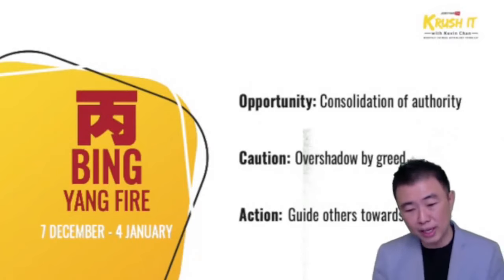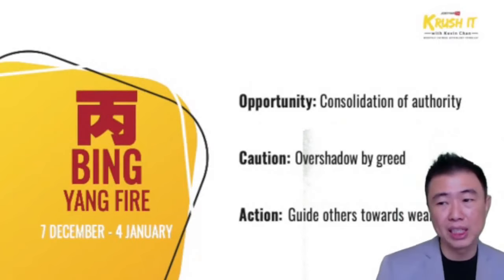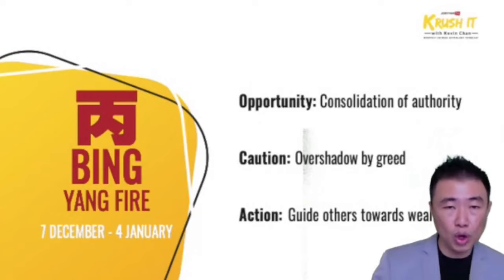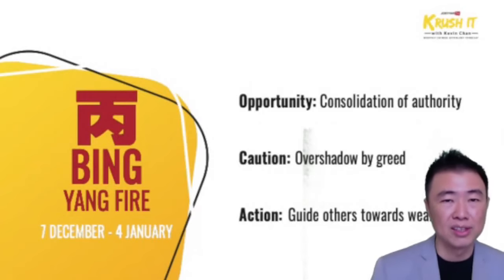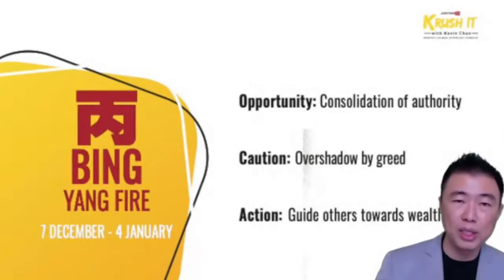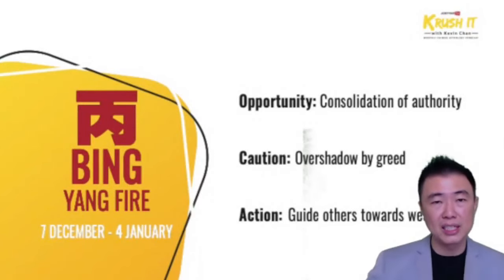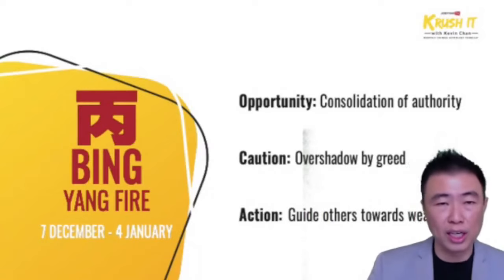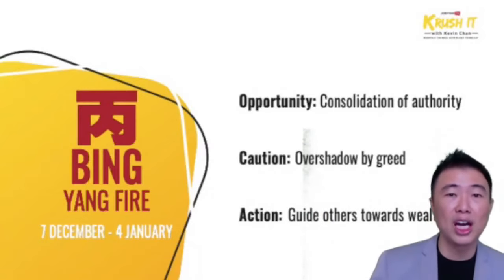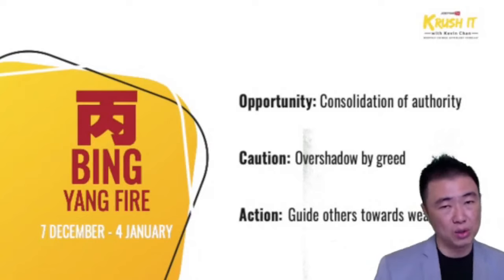Pay attention to that, provided that you really want to become a leader, so you are able to consolidate authority, aka also mean seize power. Probably you'll be in a meeting, then suddenly everybody is talking, and you suddenly take charge of the entire meeting. So those are situations.